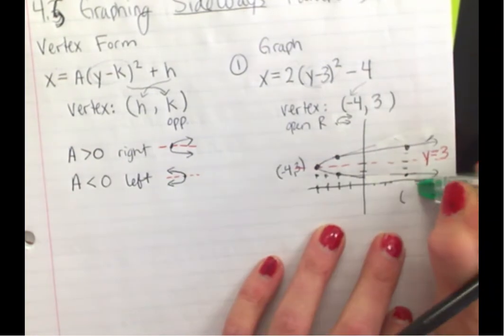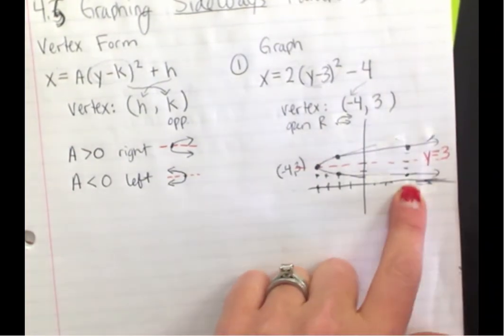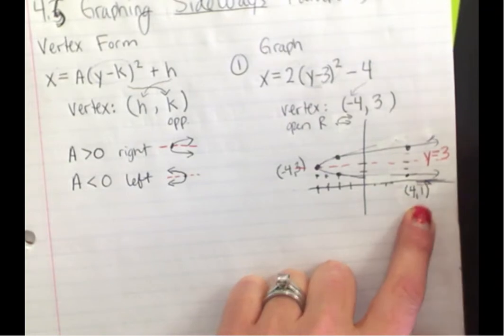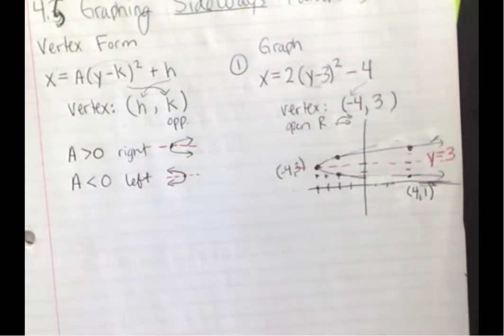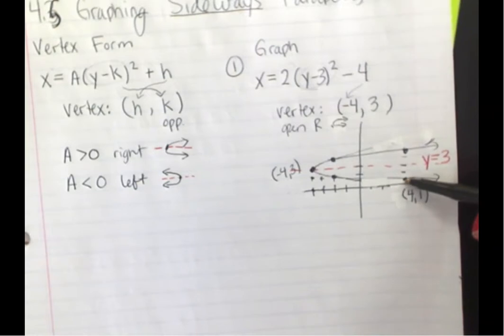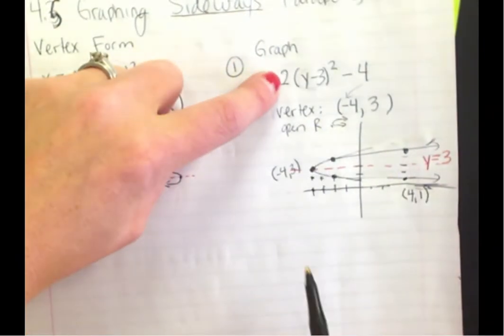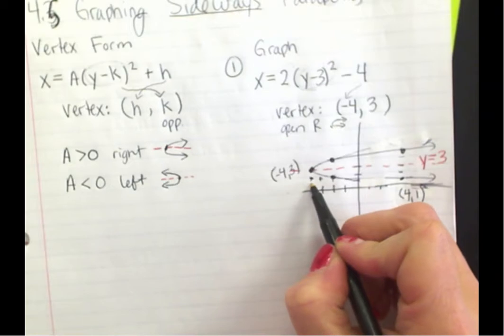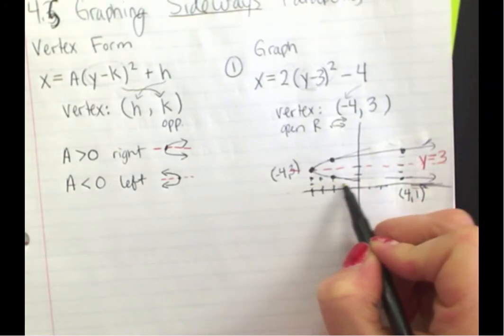So I'm going to label this point out here. Should be 4, 1. 4, 1 is where that point is. How did you get 4? Okay. See my 2? That's a 2, 8.